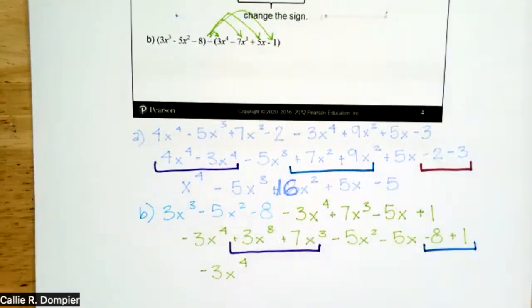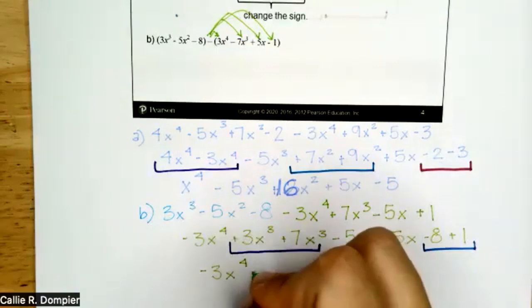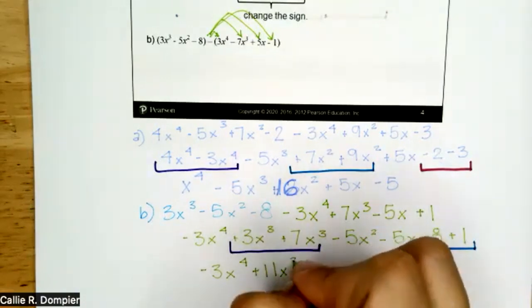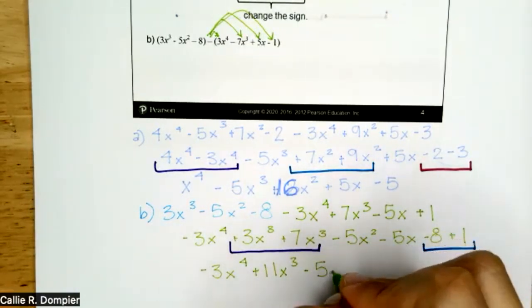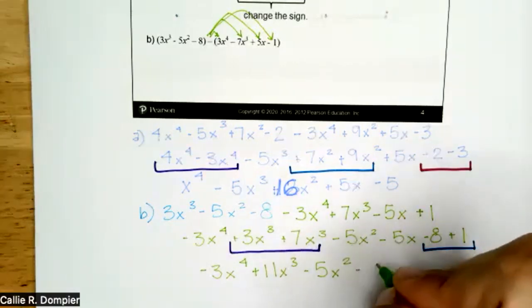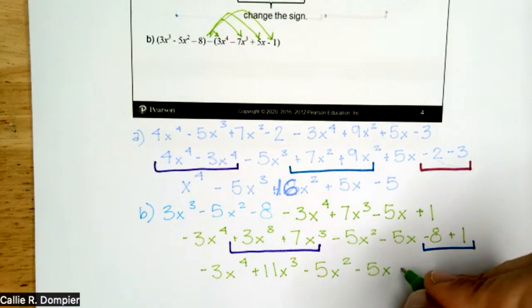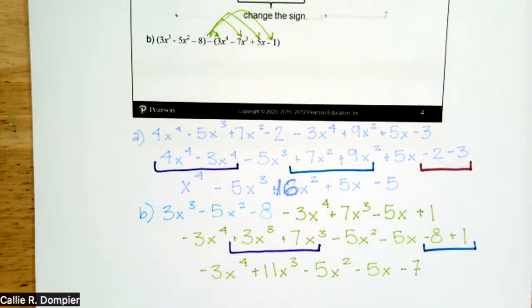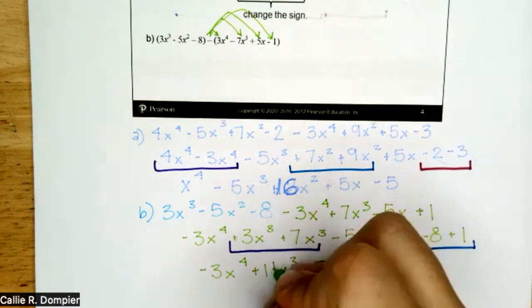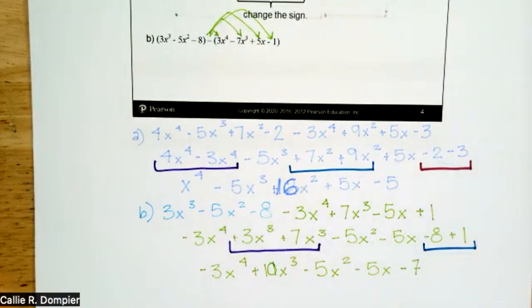So 3 and 7 are both positive, so that's 10x to the third. Negative 8 plus 1, so 8 minus 1 is 7, but the 8 is a negative, so it's a negative 7. Two mistakes.